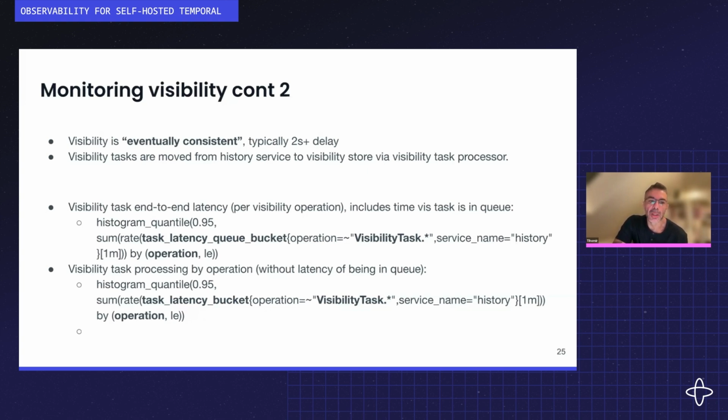And then there is another metric you can use, task latency bucket for operation visibility task, where all the operations start with visibility task, which does not include the latency of being in the queue. So this is just the latency of task processing for your visibility store. I would have these two graphs at least on my dashboards for the visibility store.